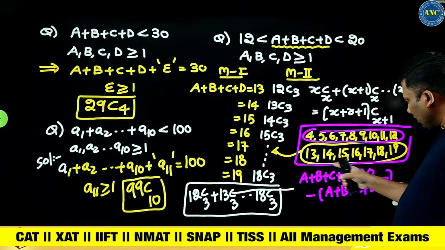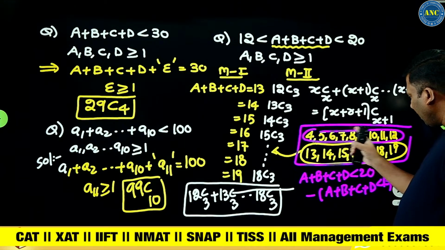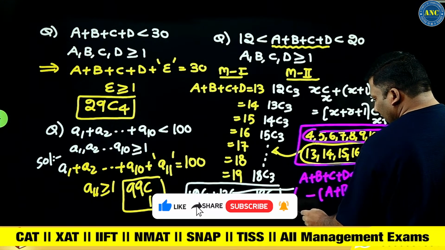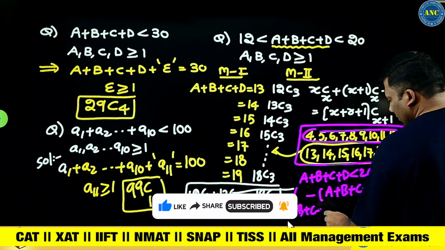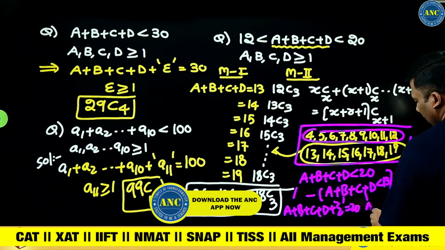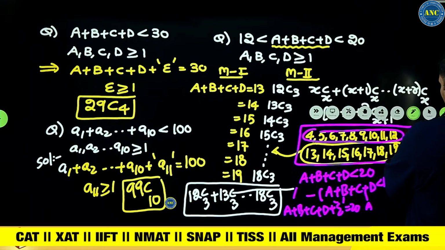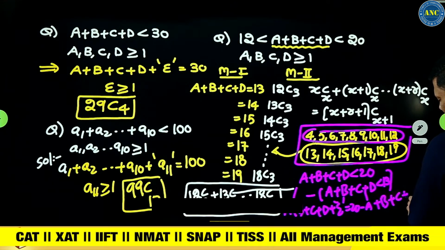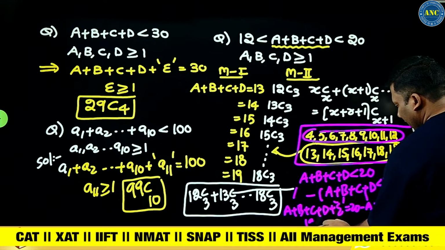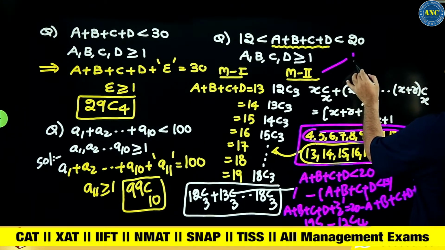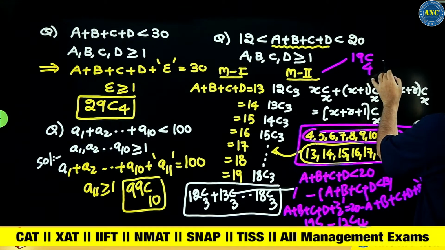That means total less than 20 minus less than 12. So this will be A plus B plus C plus D plus E equivalent to 20, minus A plus B plus C plus D plus E equivalent to 12. This will be 19C4, this will be 12C4. Direct answer is 19C4 minus 12C4.